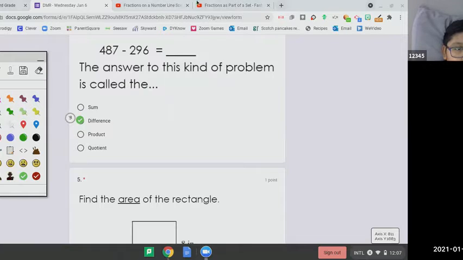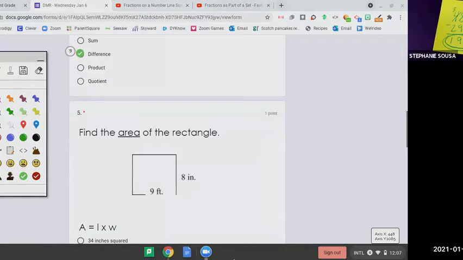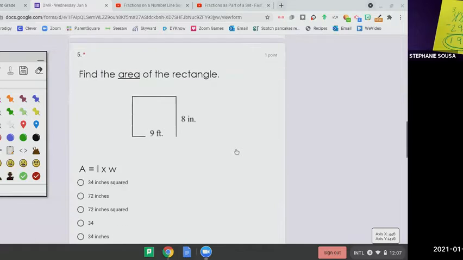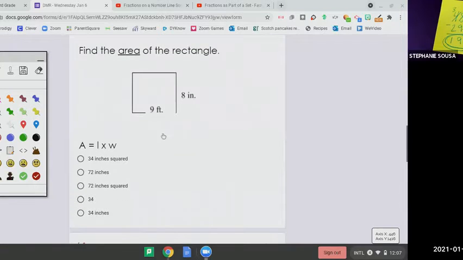There we go. Next step, find the area. Area, we know that we have to multiply length times width. This is 9 times 8, or 8 times 9. I am going to use my 8ths song, and I'm going to count 9 times on that 8th song.